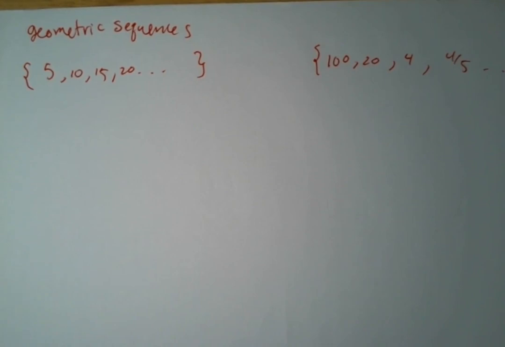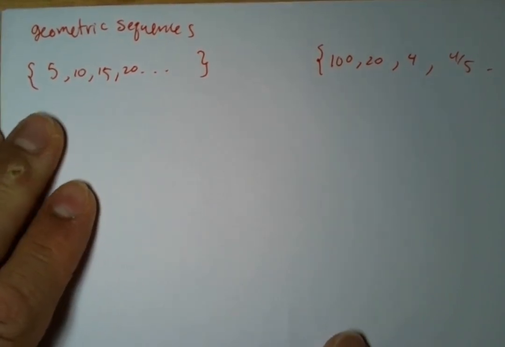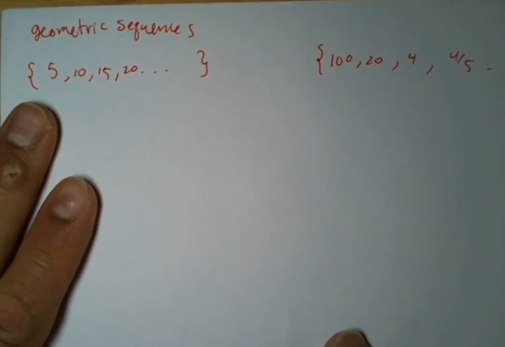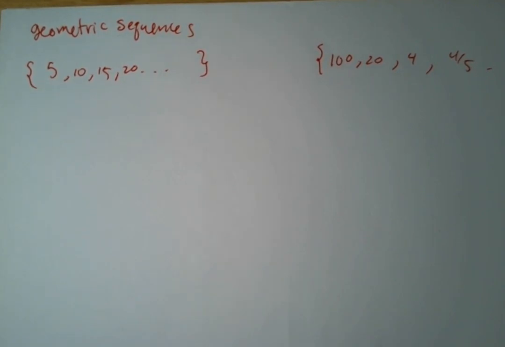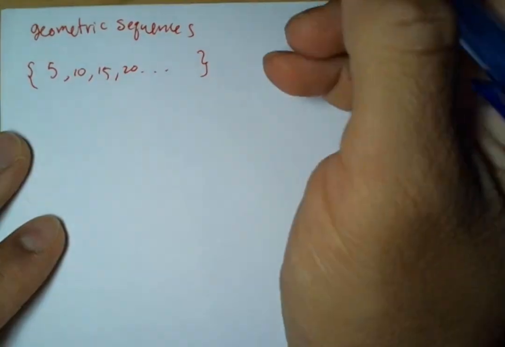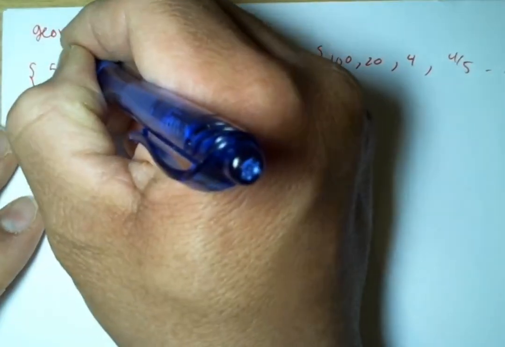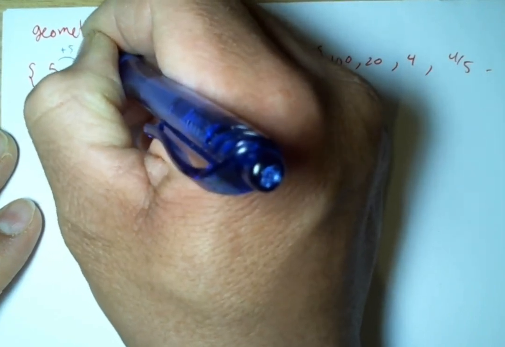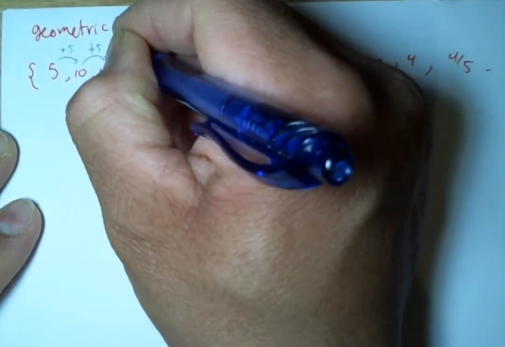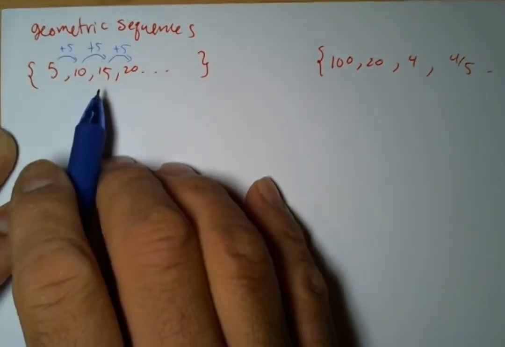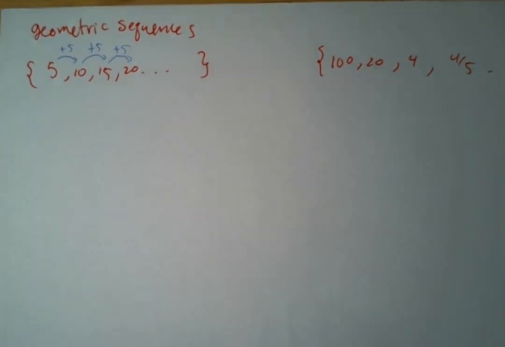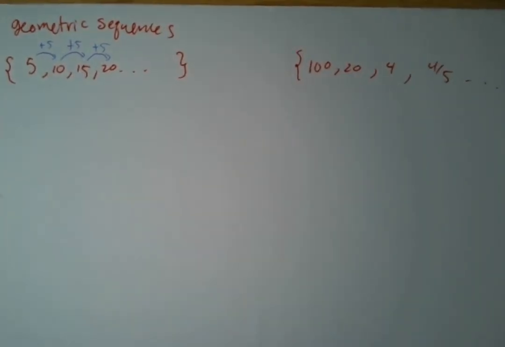In this case, the first sequence that we see here is exactly what we covered in the previous part of our module: there's a fixed term that we are adding, denoting our common difference. So again, this is not a geometric sequence. A geometric sequence is going to be something different.